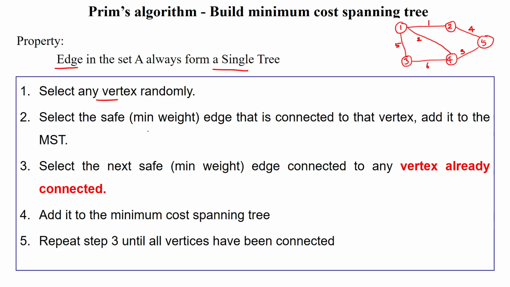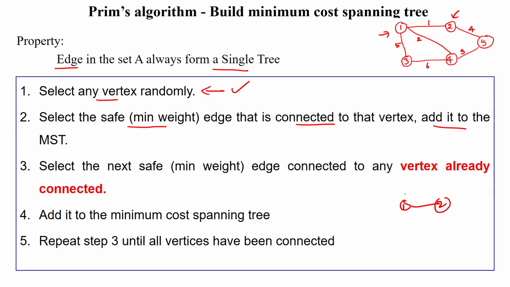Here we can select the minimum weight adjacent vertex from the selected vertex that is connected to that particular selected vertex, so that it can be added into the minimum spanning tree. Suppose you have 1 and 2 selected.